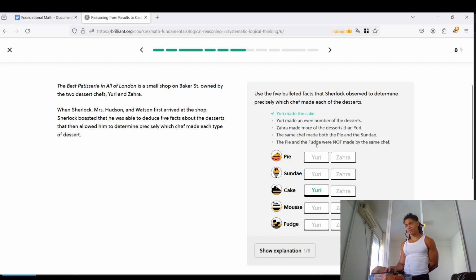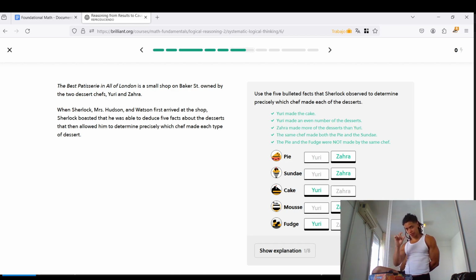But the pie and the fudge were not made by the same chef, leaving cake and fudge made by Judy and mousse made by Sarah.